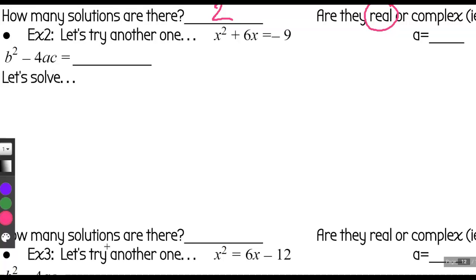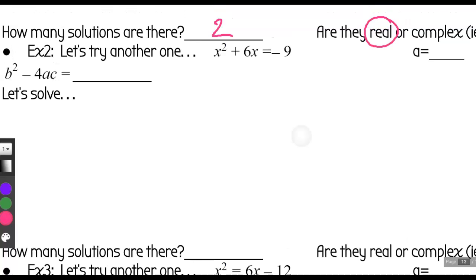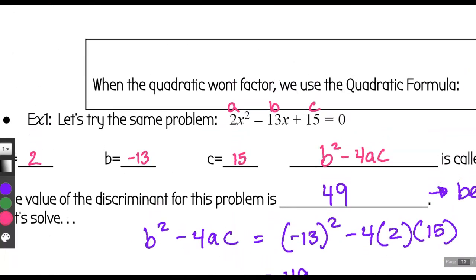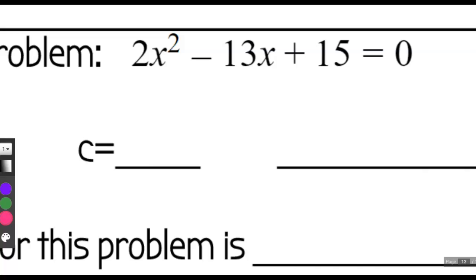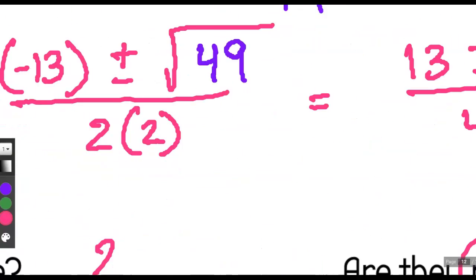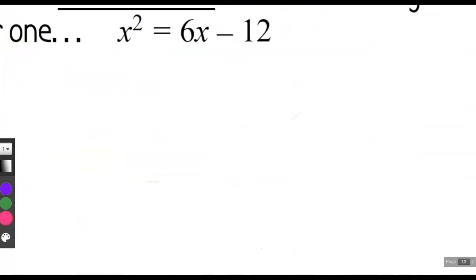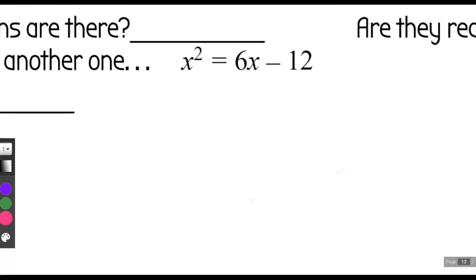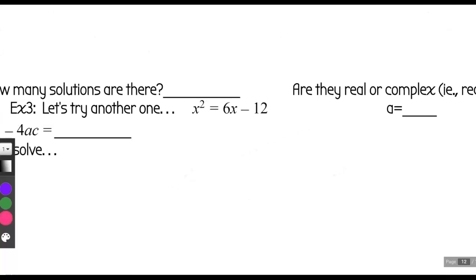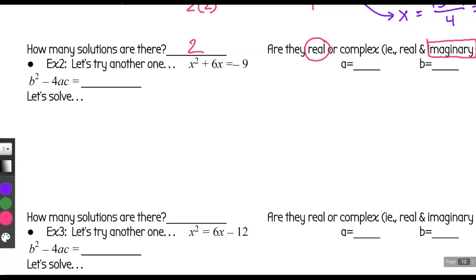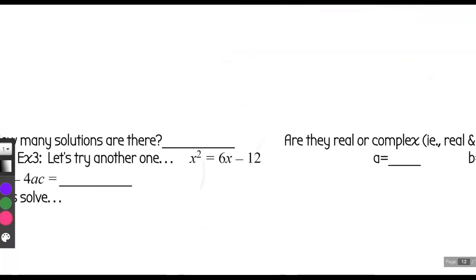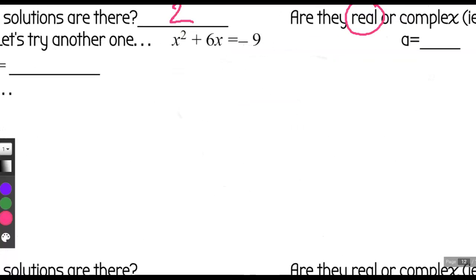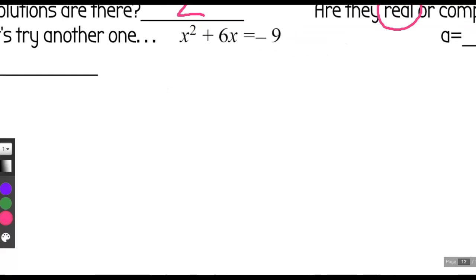What's wrong about this? What is different about this one versus this one? I think I skipped one. Not everything is on the same side. So what do you think I have to do?